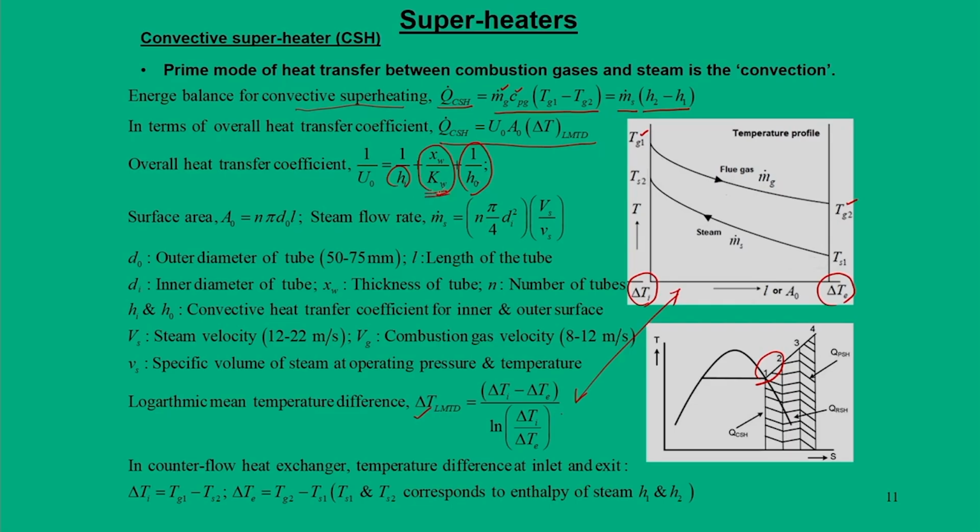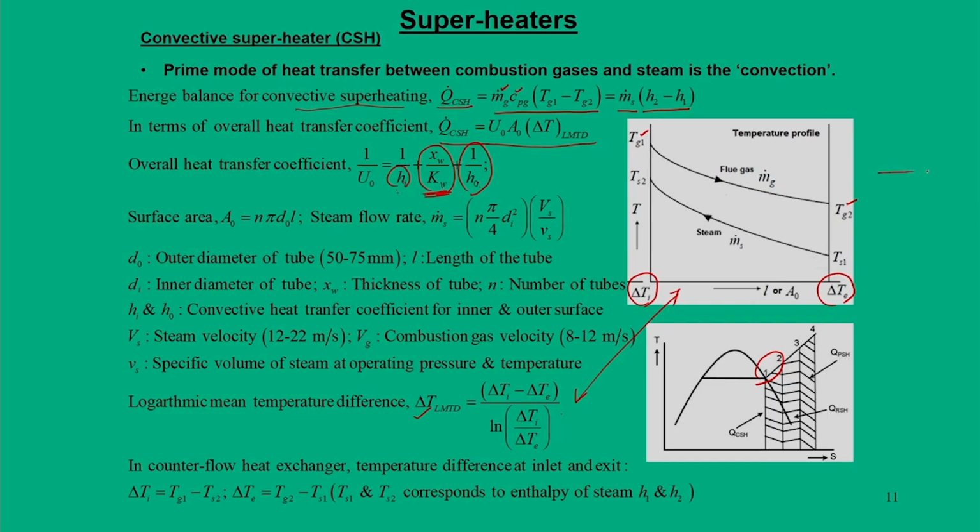Essentially, these are nothing but the resistances offered for this heat exchange to happen. So, once you know the convective heat transfer coefficients at the inner surface and outer surface of the tube, and the conduction that takes place along the thickness of the tube, you can find out U0.